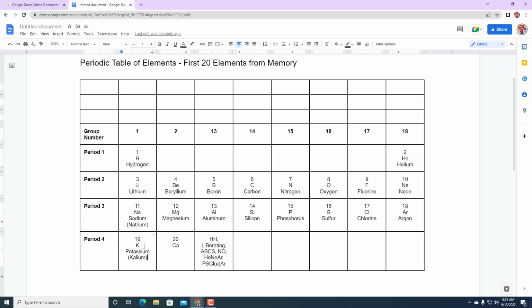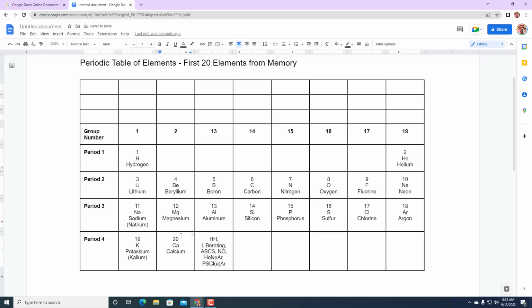If they have too much sodium, we say hypernatremic. And with potassium, it's the same thing. We say hypokalemic, too little potassium, or hyperkalemic, too much potassium. So it's important to know where that Na and K come from, because you're going to be using it if you get into medical terminology. Okay, so Ca for calcium, and that's all the goofiness there.